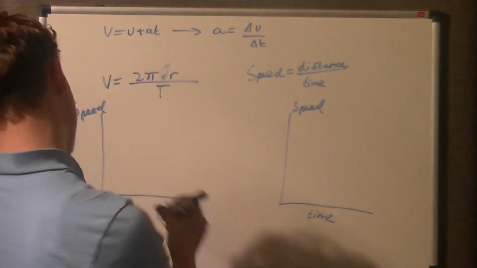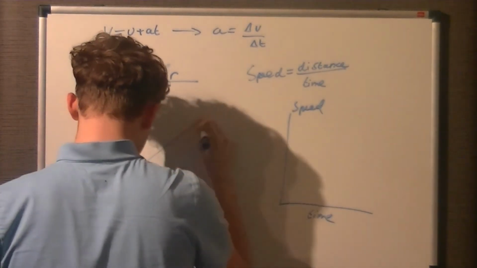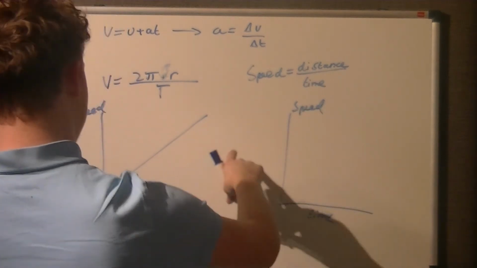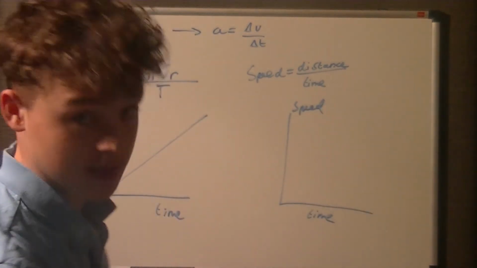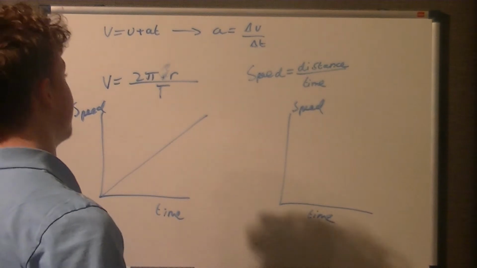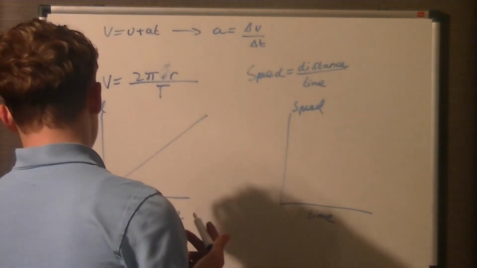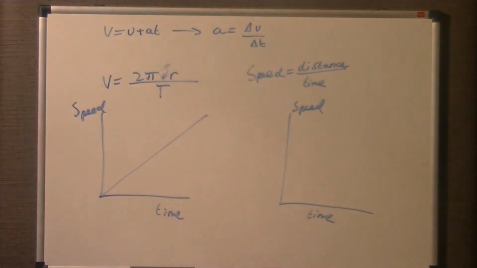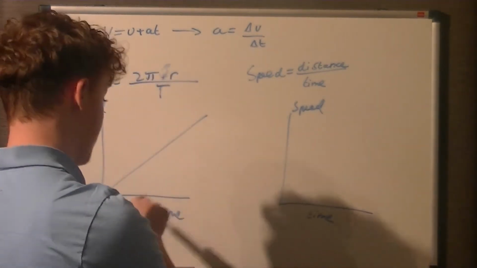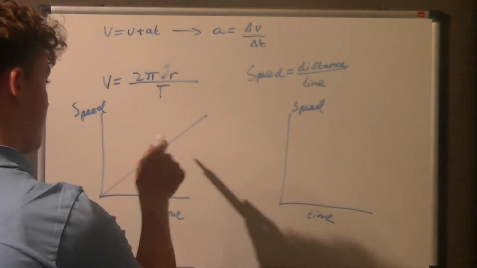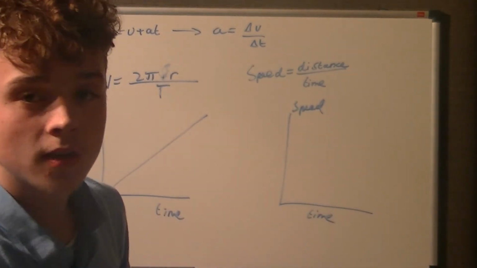So, as we know, the gradient of the speed-time graph is acceleration. Because this is V and this is T, and a equals delta v over delta t. So v over t equals a, if you follow that.